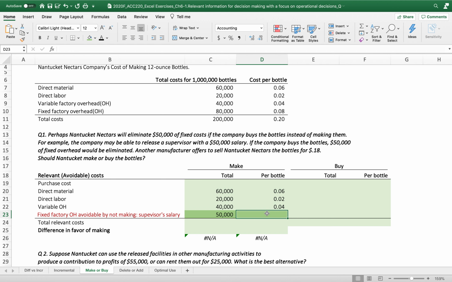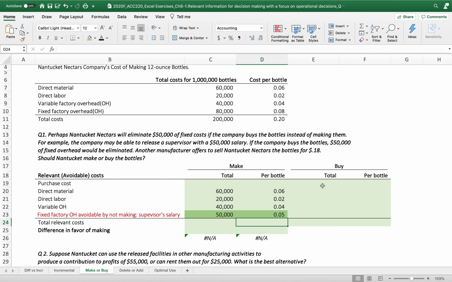Then that is avoidable cost out of how many bottles? Right, the 1,000,000 bottles. So the fixed factory overhead avoidable cost per one bottle is 5 cents.